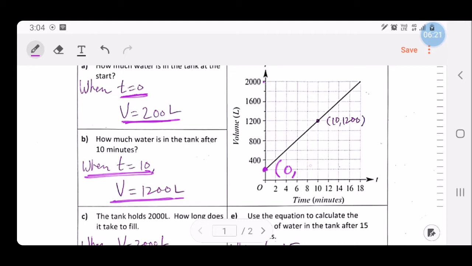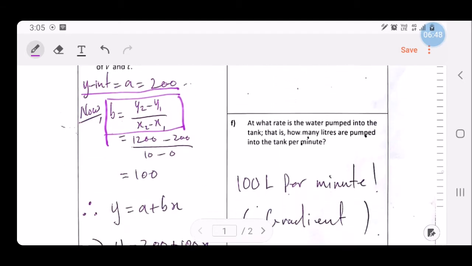So that's 0, 200. The 0 is my x1. The 200 is my y1. And for this point here, that's another nice point on the line, but I can see other points that I could use. For example, this point here would work perfectly well. That is my x2, and that is my y2. Okay.